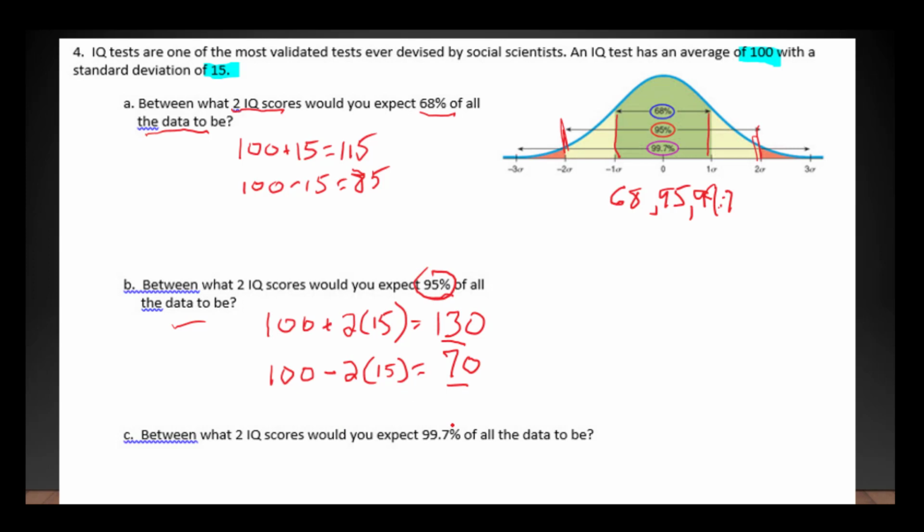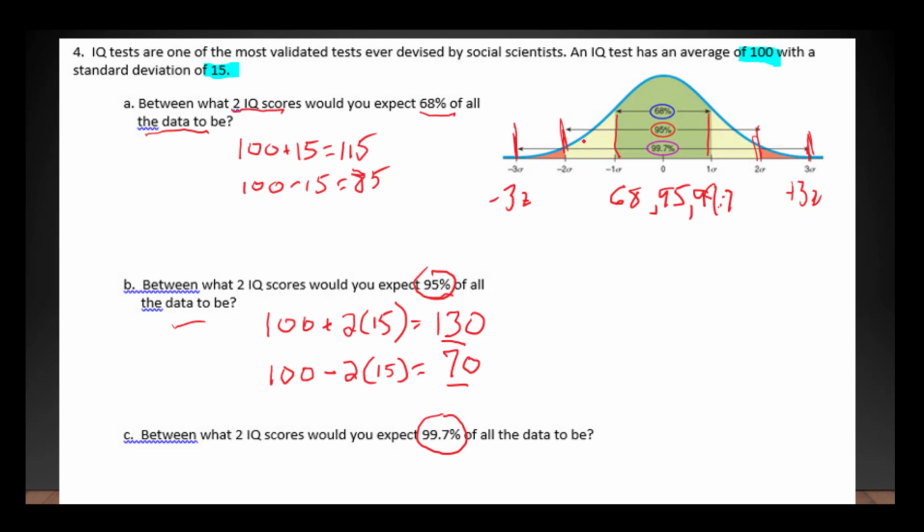And our final one is 99.7. Between what two IQ scores would you expect 99.7% of the data, which is plus 3z, or plus 3 standard deviations to minus 3 standard deviations? And really the area under the curve, right?